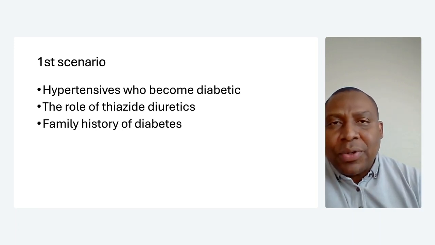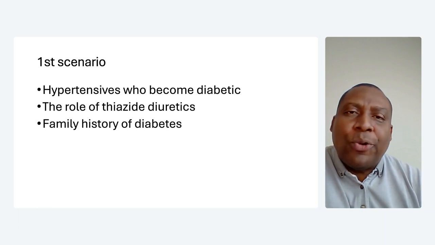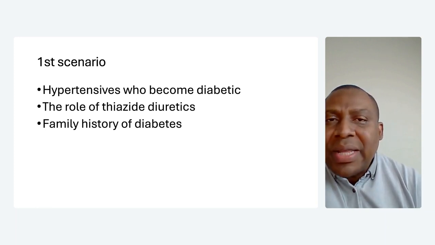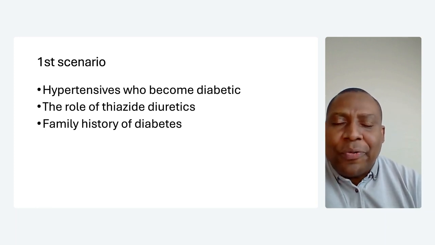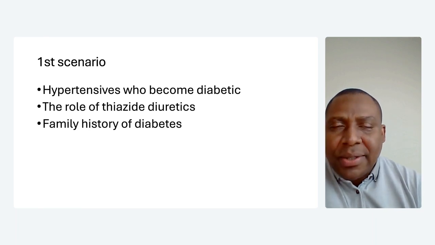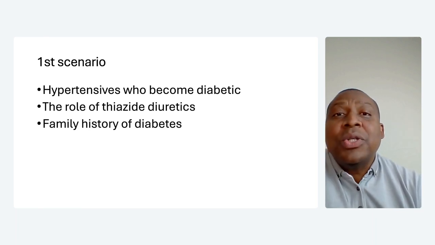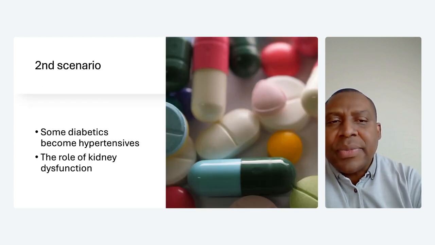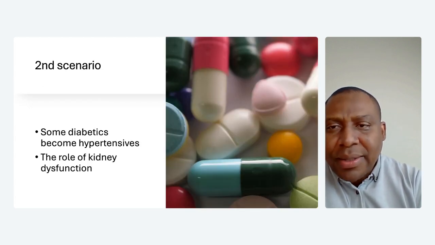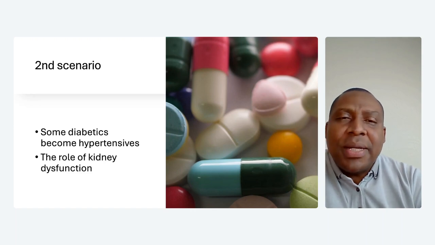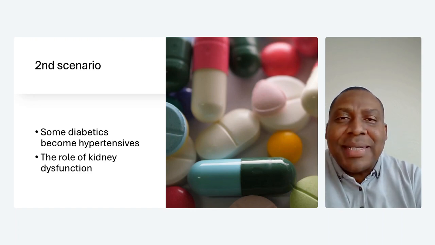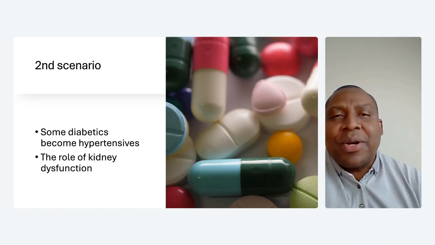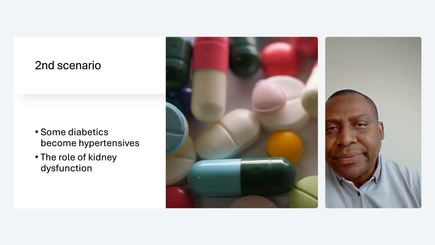Therefore, it's important for doctors, when initiating treatment for hypertension, to find out whether there's a family history of diabetes, in which case thiazide diuretics will not be used, so as to reduce the tendency towards developing diabetes.